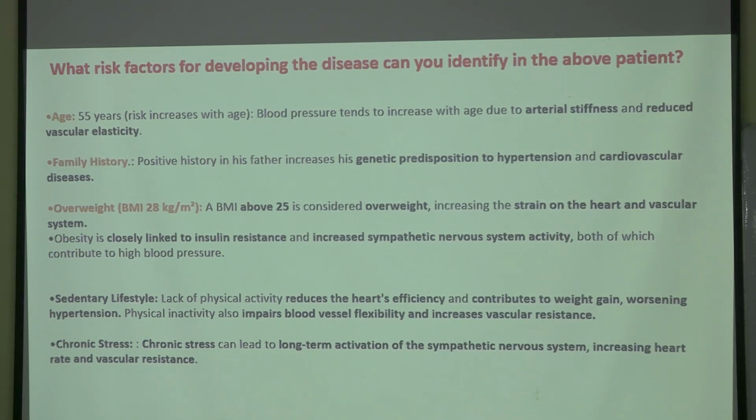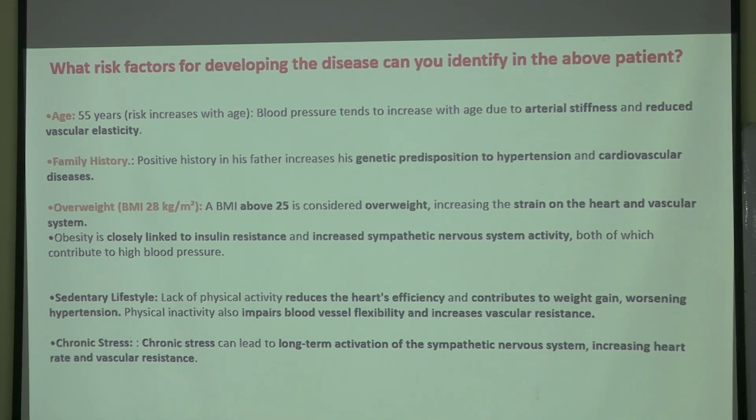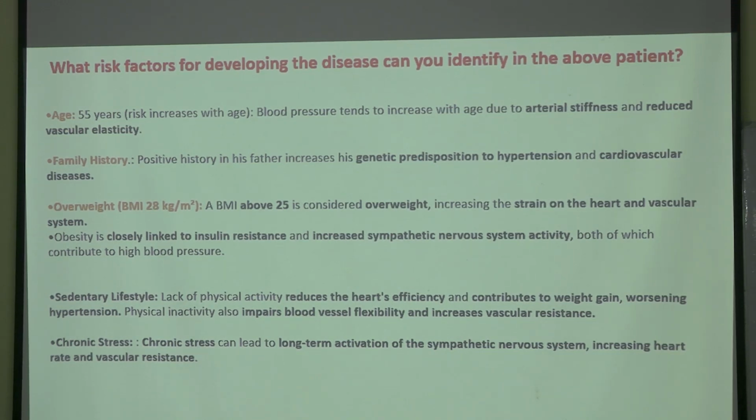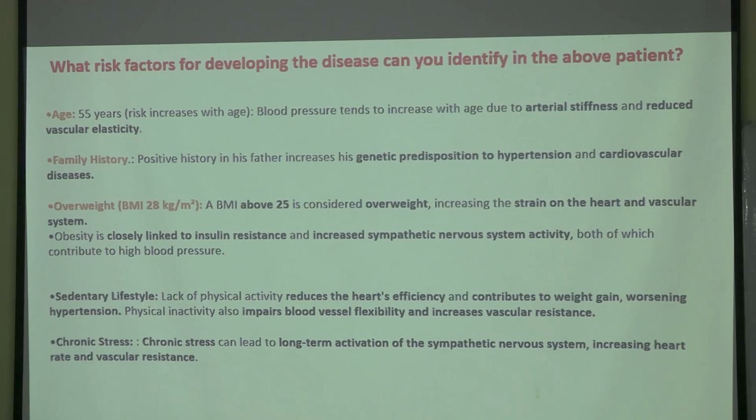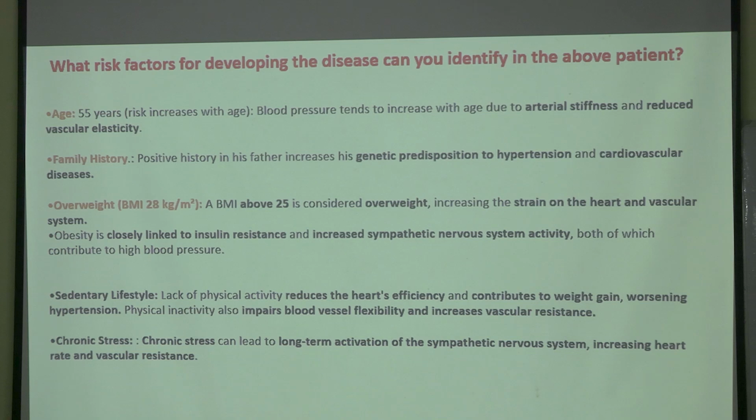See, family history is an important influencing factor. So, there is a history of CVD. Here the most important thing is, if there is a genetic predisposition, there is a high chance of the development of this particular disease, right? Now, see the BMI value, the subject is in the overweight category.